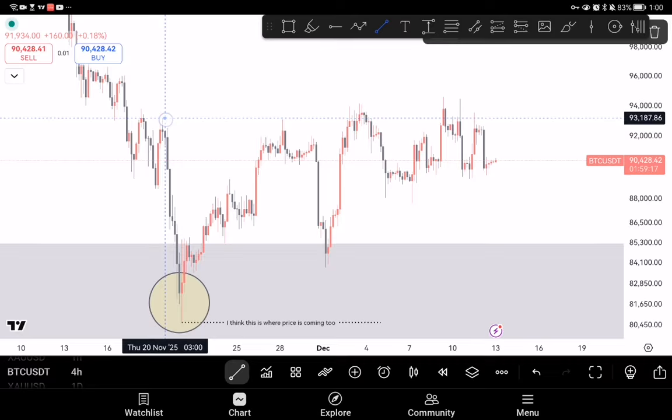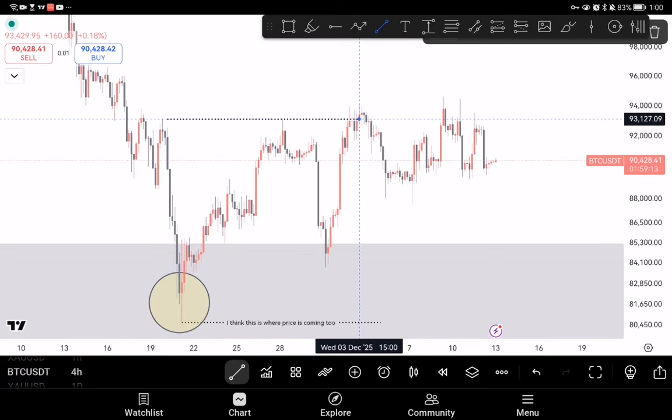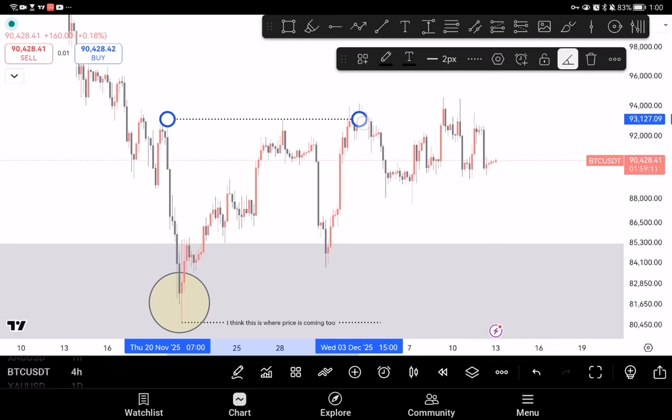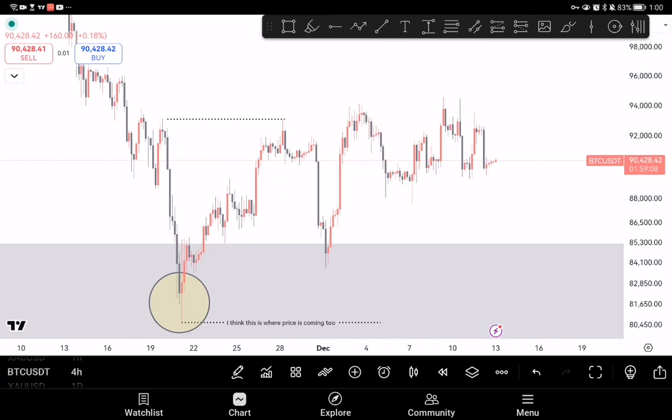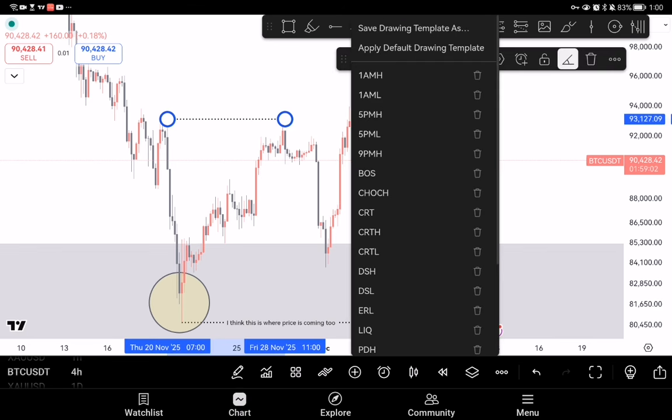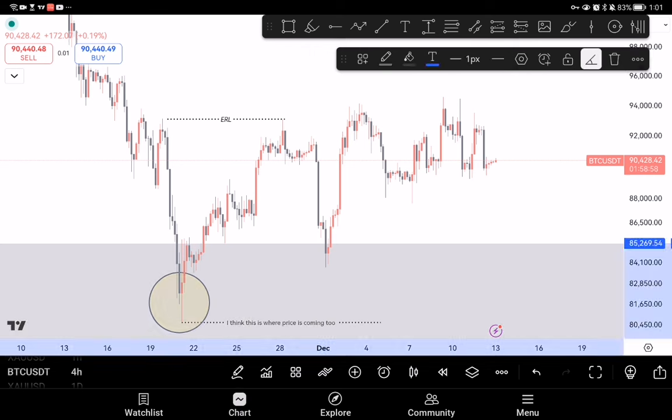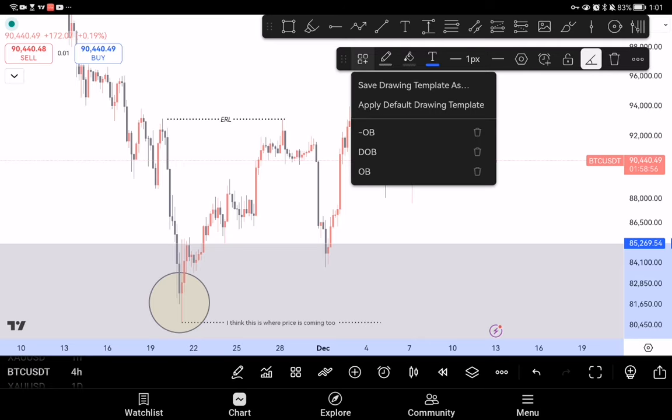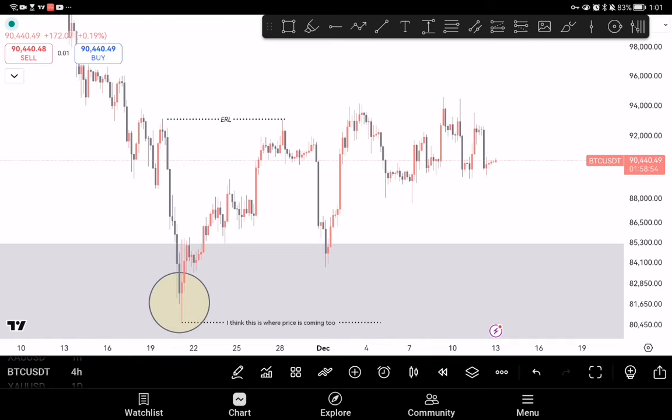It is this swing, this liquidity point here. So this is my external range liquidity, and here is my internal range liquidity, as we call it, order block. Cool.